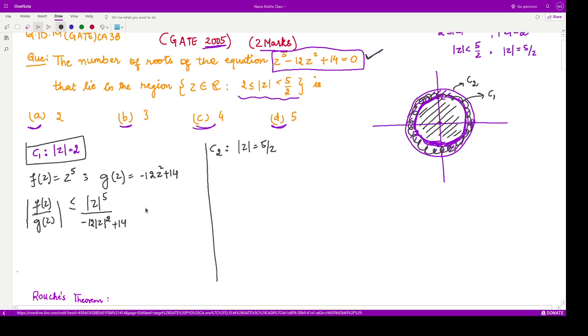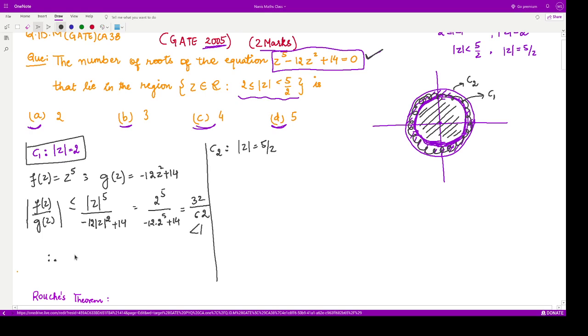When you substitute mod z equal to 2 here, in effect you are doing 2 to the power 5 over 12 into 2 squared plus 14. What will you get? You would have 32 divided by 62, which is less than 1.